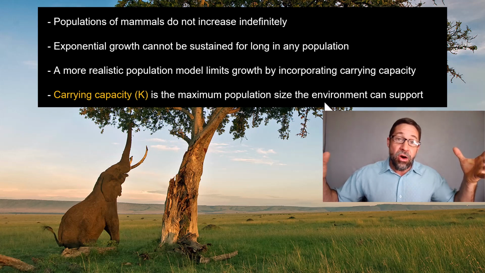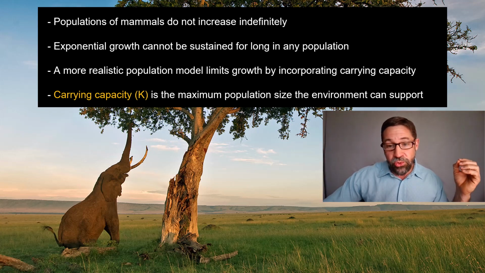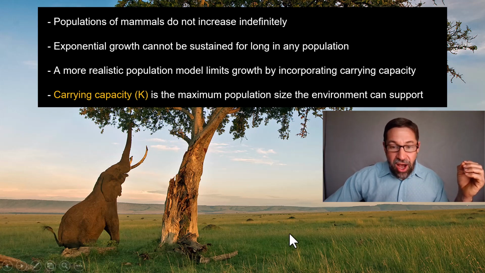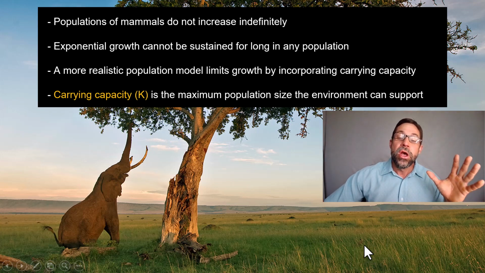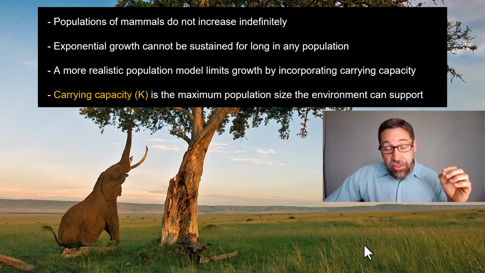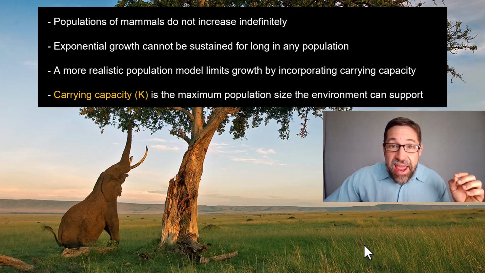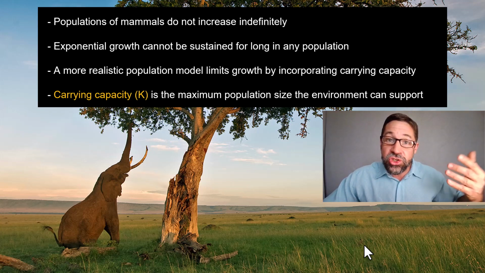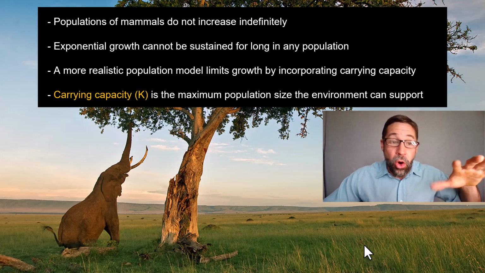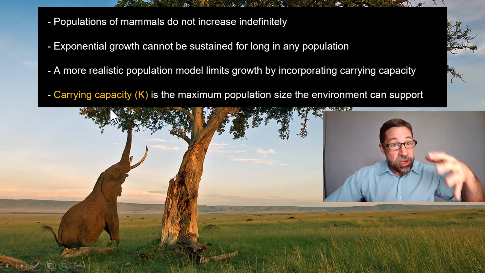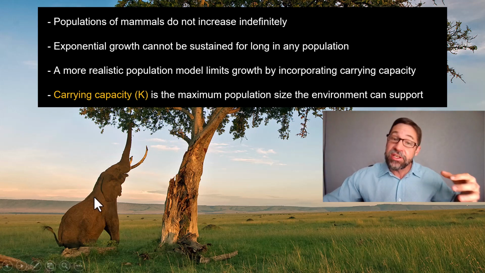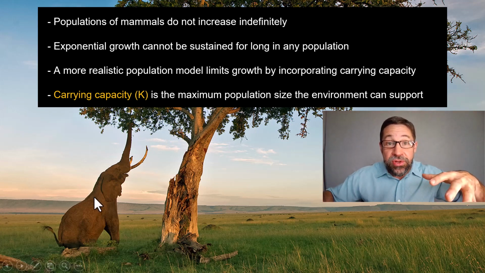So think about a really good monsoon rain season and the flush of high protein herbaceous material that follows. Or maybe the community's successional state. So if a fire has just ripped through there, it's going to alter the system's carrying capacity. And carrying capacity is not the same for a species from one habitat to the next.